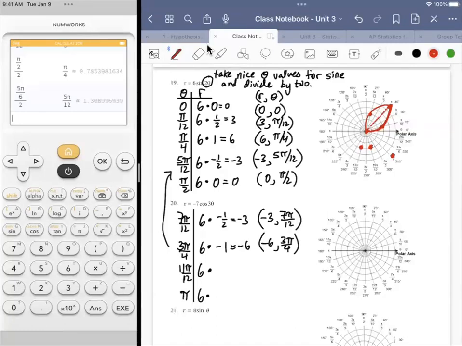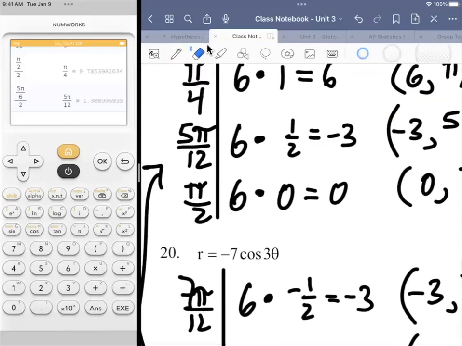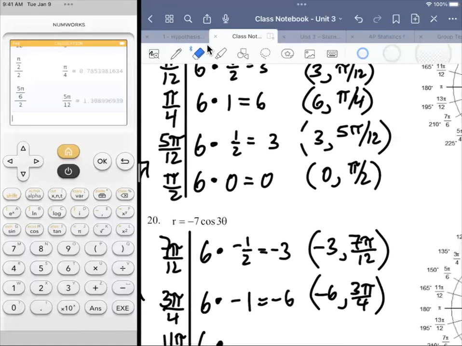And it's at this moment that I just caught a mistake. Right, back up here, because I'm wondering why this looks like this. 5 pi over 12 doubled is 5 pi over 6. Sine of 5 pi over 6 is equal to +1/2 times 6 is equal to a +3.